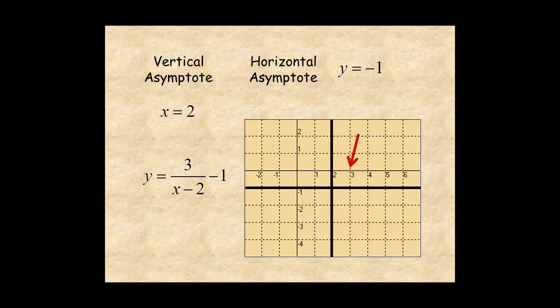So substitute x equals 3 into the equation. You get y equals 3 over 1 minus 1, which is y equals 2. So graph a point at 3, 2.